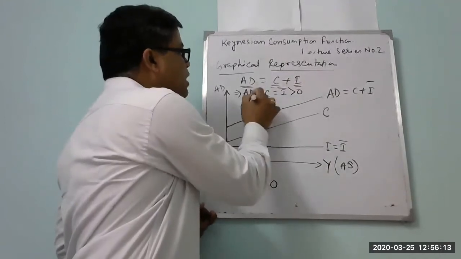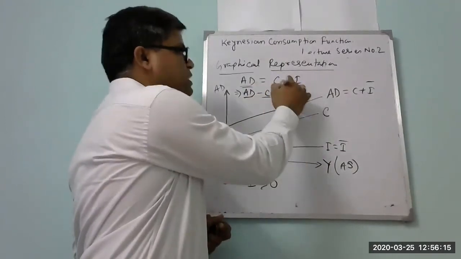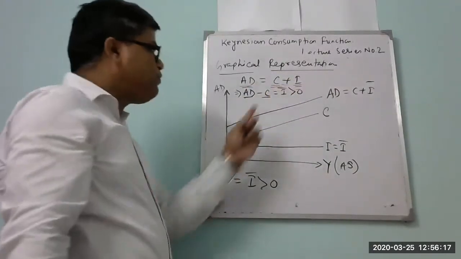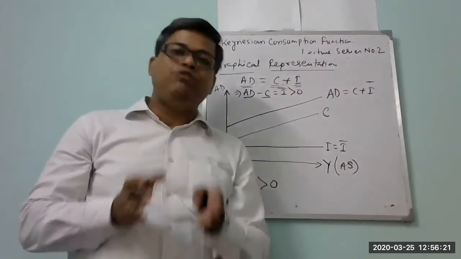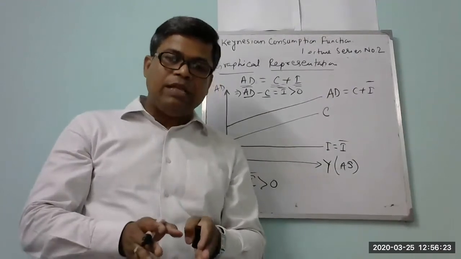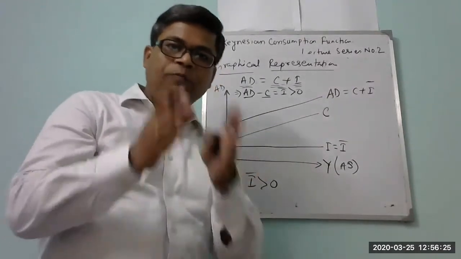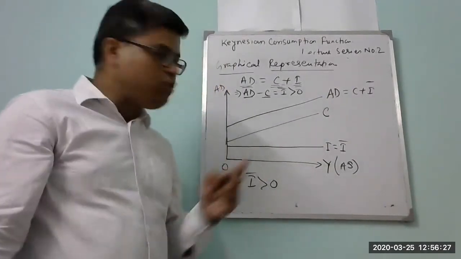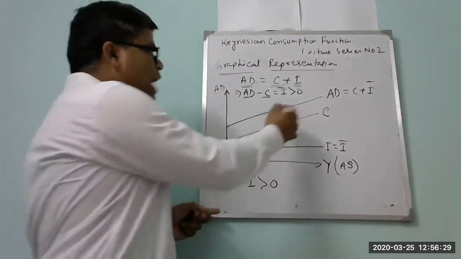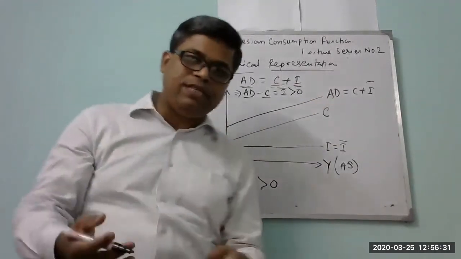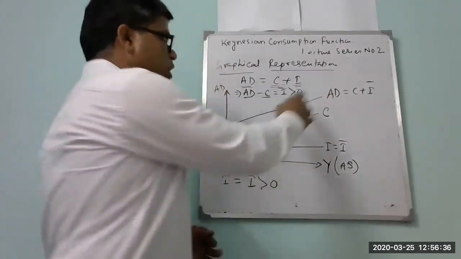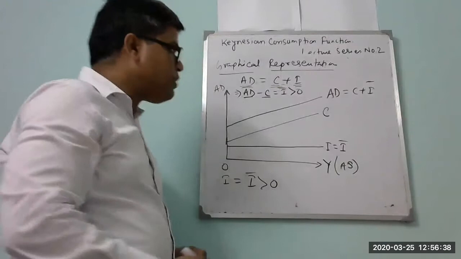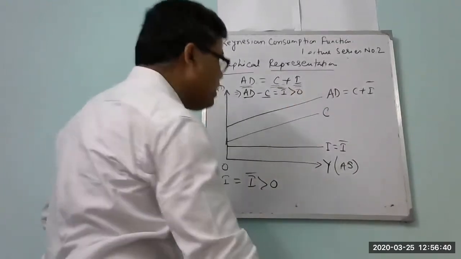So the gap between AD and C is always a fixed term. And you know that if the gap between two lines is always constant, then both the lines will be parallel to each other. So this gap between AD and C represents the autonomous investment. That's why AD and C are parallel to each other. So this is our AD curve.